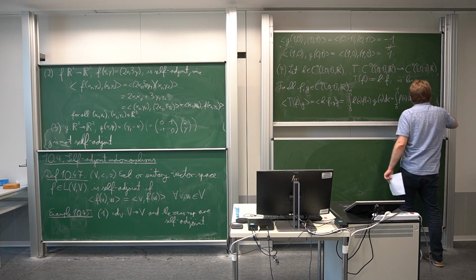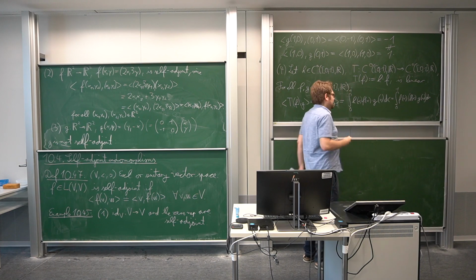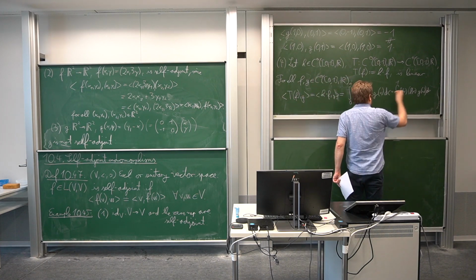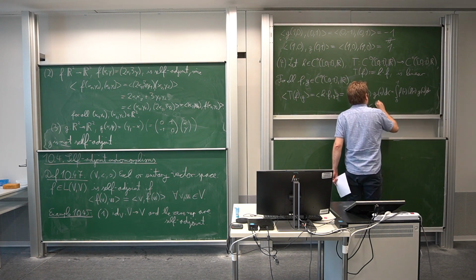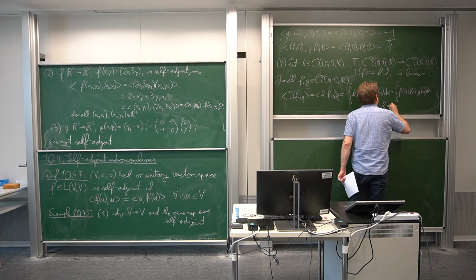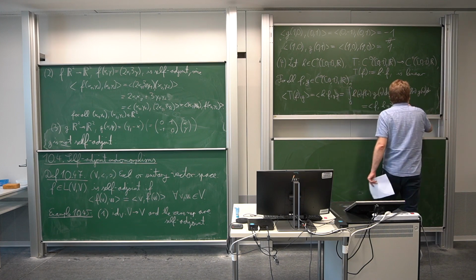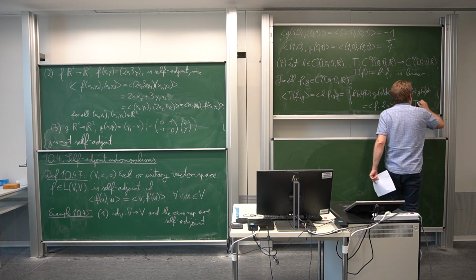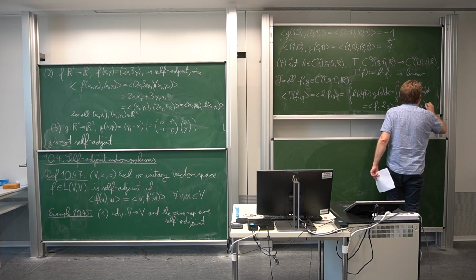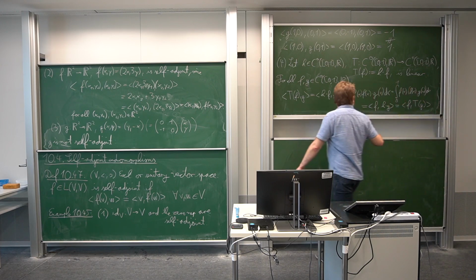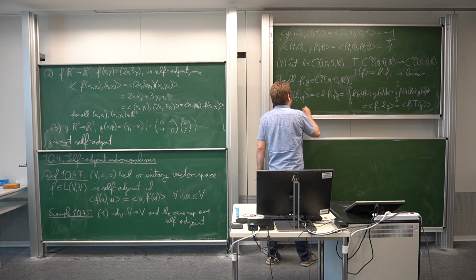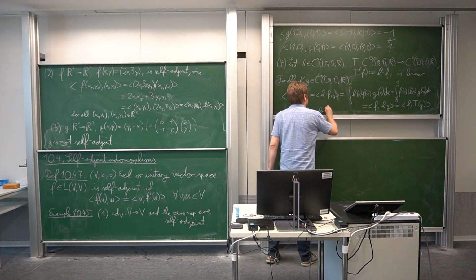And if we now put parentheses around this, which doesn't hurt, this is easily seen to be the same as the inner product of f with h times g. And this is, of course, by definition, f inner product with T of g. So it follows here, let me just squeeze it down there, that T is self-adjoint.